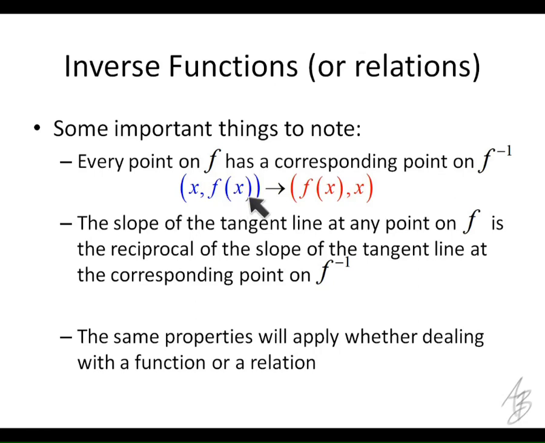I'm using them in terms of a function here, but it also works if it's not. The slope of the tangent line at any point on the function is a reciprocal of the slope of the tangent line at the corresponding point on the inverse. And that's the calculus idea here that we need to get from this. Okay, that's what we need to take away as far as calculus goes. Any questions about that stuff?